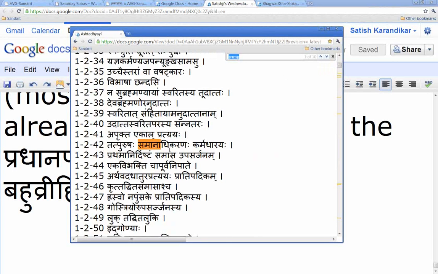In fact, when we do Tatpurusha compounds, once you determine something is a Tatpurusha compound, the next step you have to ask is, is there Samanadhikaranam or is there Vyadhikaranam? Vyadhikaranam means, are the two terms in the compound referring to the same item or are they referring to different items?